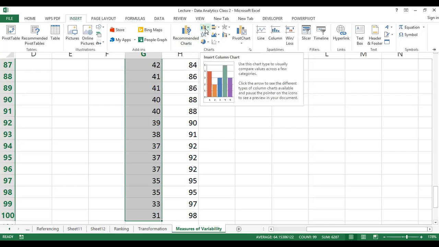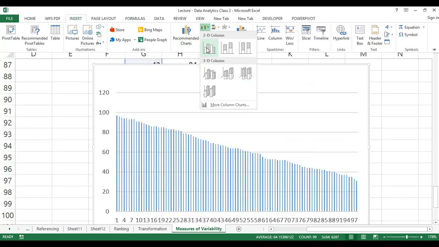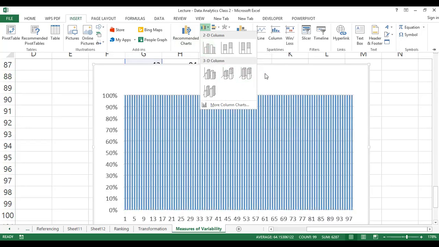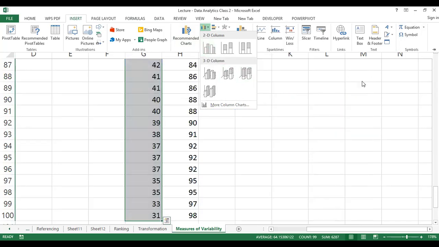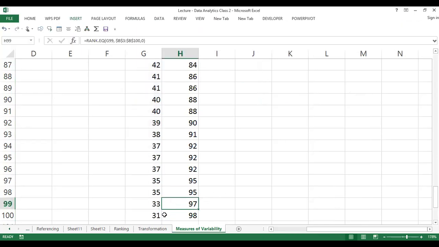So in this case now, what do you think? That's what I thought, to be high. Okay, you say it's high kurtosis. Why do you say so? Why do you think it's high?